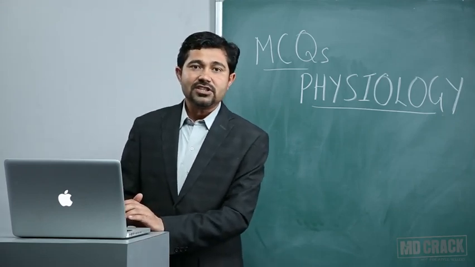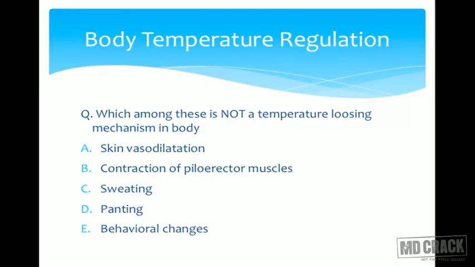Now actually the contraction of the piloerector muscle is not helpful to gain heat in human beings, but it is much more helpful in animals which have hairs, such as the polar bear. In that case, contraction of the piloerector muscle will raise the hairs, and within those hairs air is trapped, and air is a bad conductor of heat.